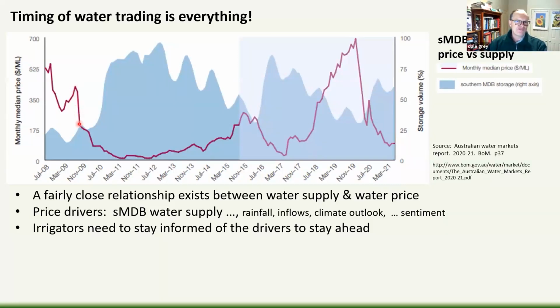But often really very rapid declines in price sometimes as soon as things start to swing out. So once in November 09, I'm not sure quite where the months actually line up here, but once we came into 2010, water availability went up and unsurprisingly price went down. But often the signal happens way before the dam actually starts to fill.